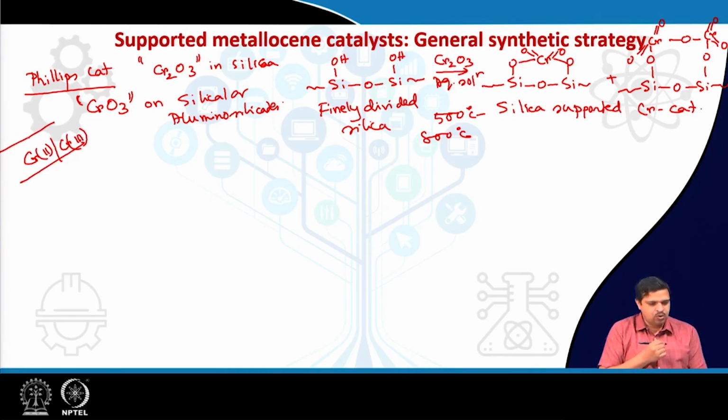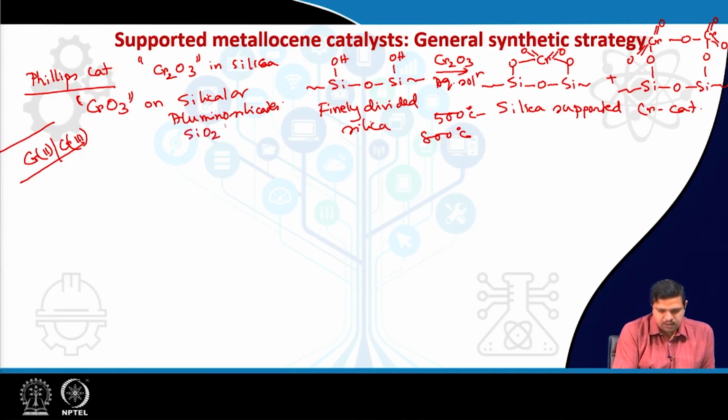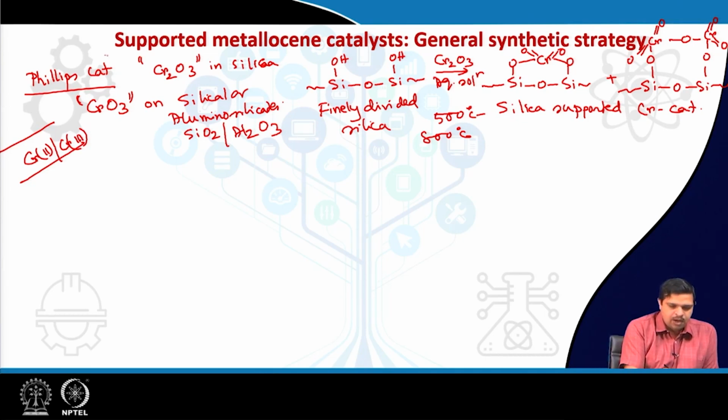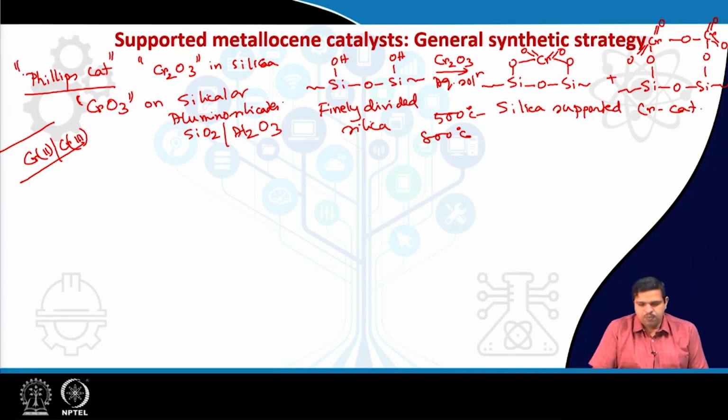But I want to tell you that this is one of the oldest catalysts for ethylene polymerization, the Phillips catalyst, converted from homogeneous to heterogeneous. We will try to see how a very similar approach can be done for the metallocene based catalysts.